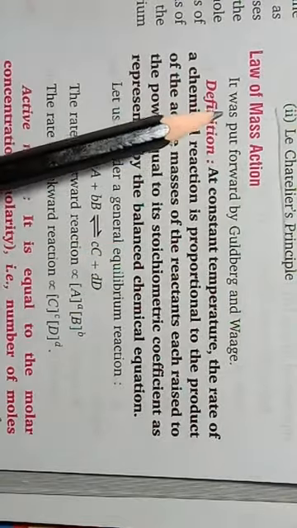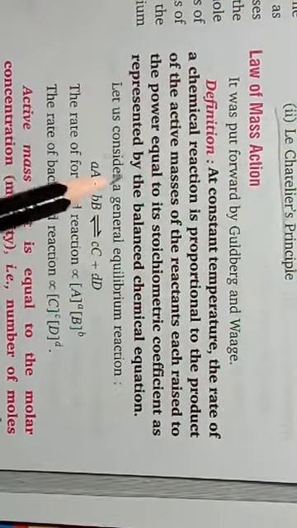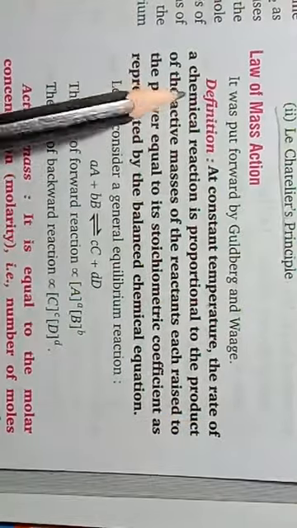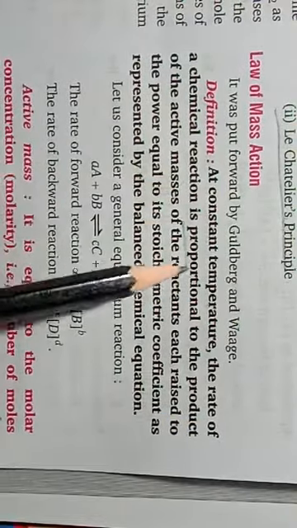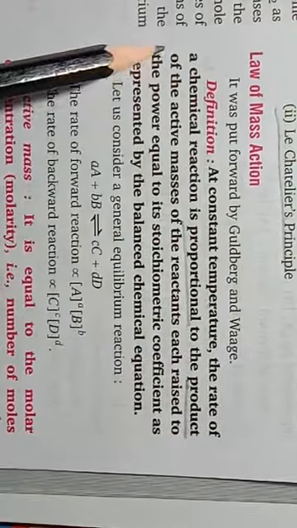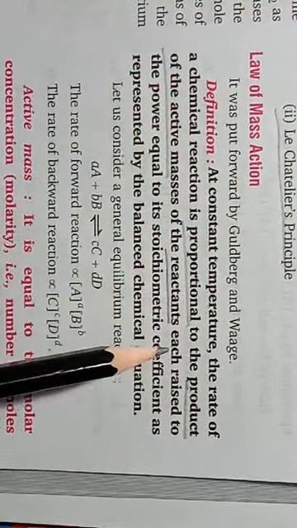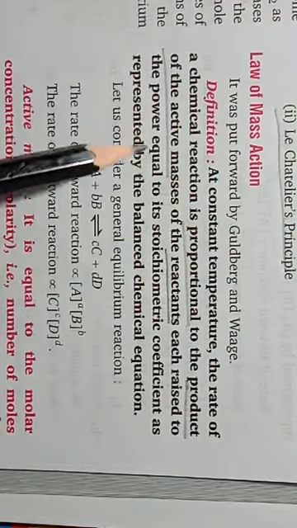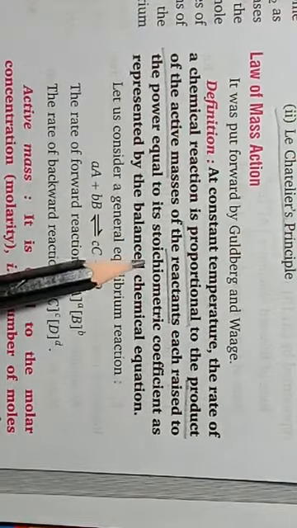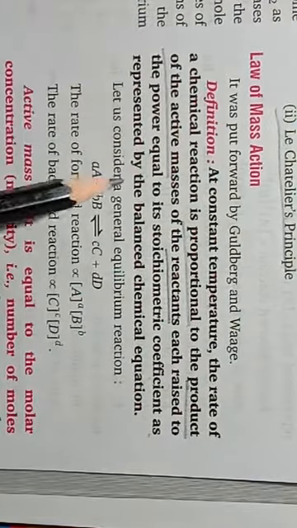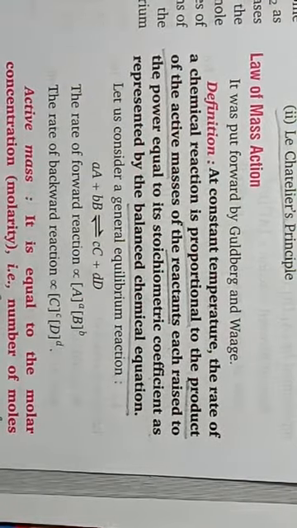According to this law, at constant temperature, the rate of a chemical reaction is proportional to the product of the active masses of the reactants, each raised to the power equal to its stoichiometric coefficient as represented by the balanced chemical equation.